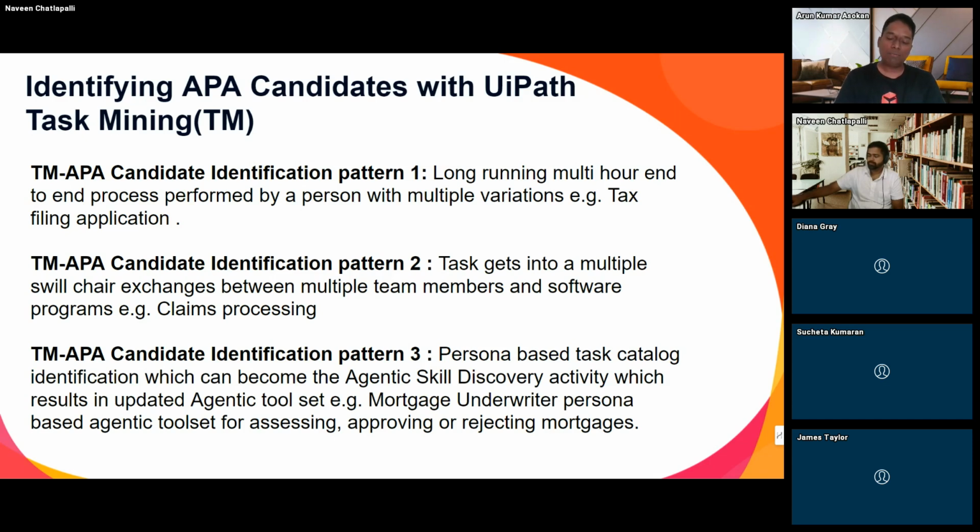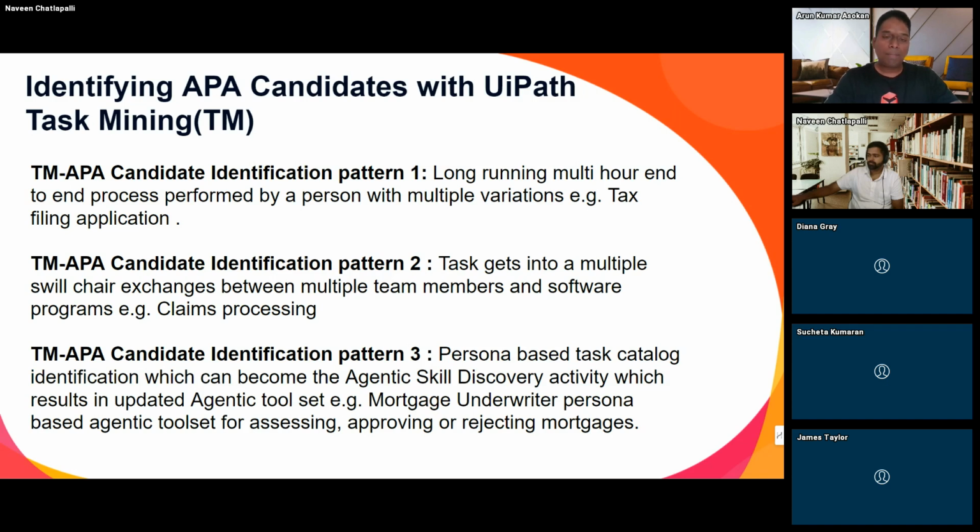So if you want to automate complex tasks done by a particular persona, then task mining can be used to identify those persona based skills, and then in turn be converted into agentic skills, which can be used when we mature down the journey with the APA, right?